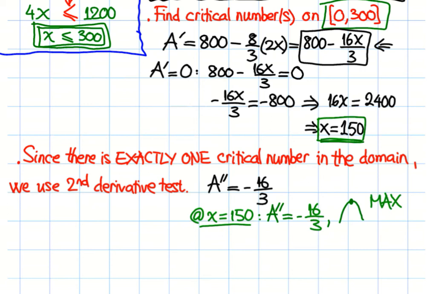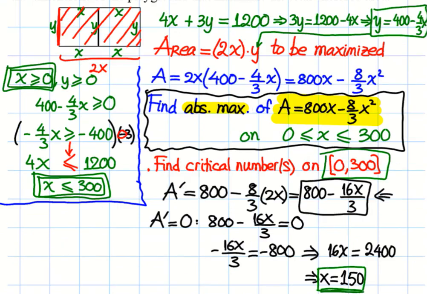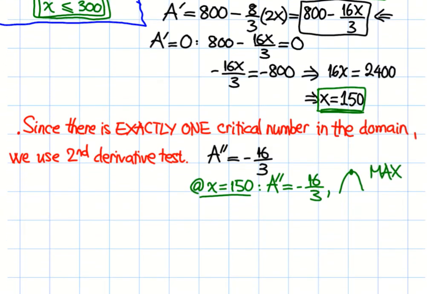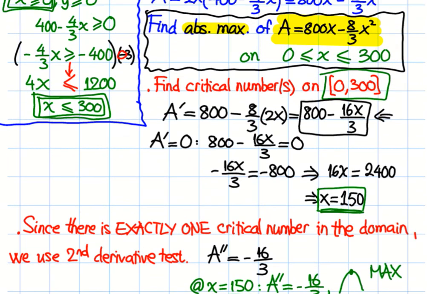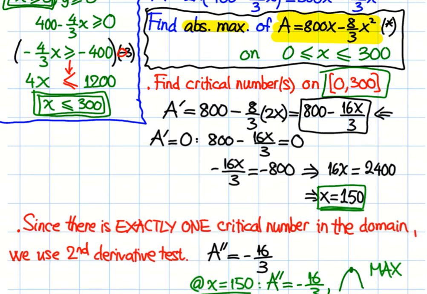Now we go back to our problem, and we have x is 150. So y must be 400 minus 4 over 3 times x. There are two ways to find the area. One way is to substitute x into the area function, and we have the absolute maximum area.